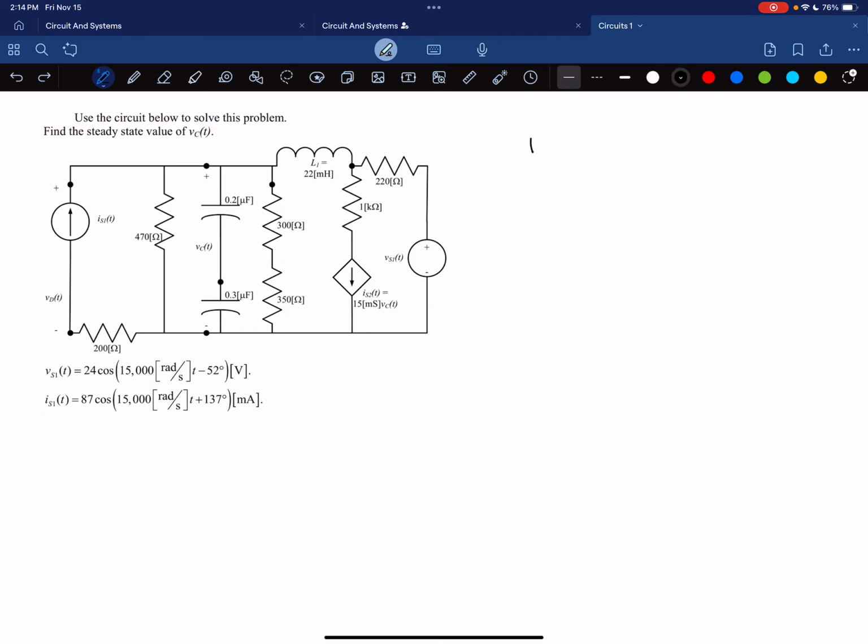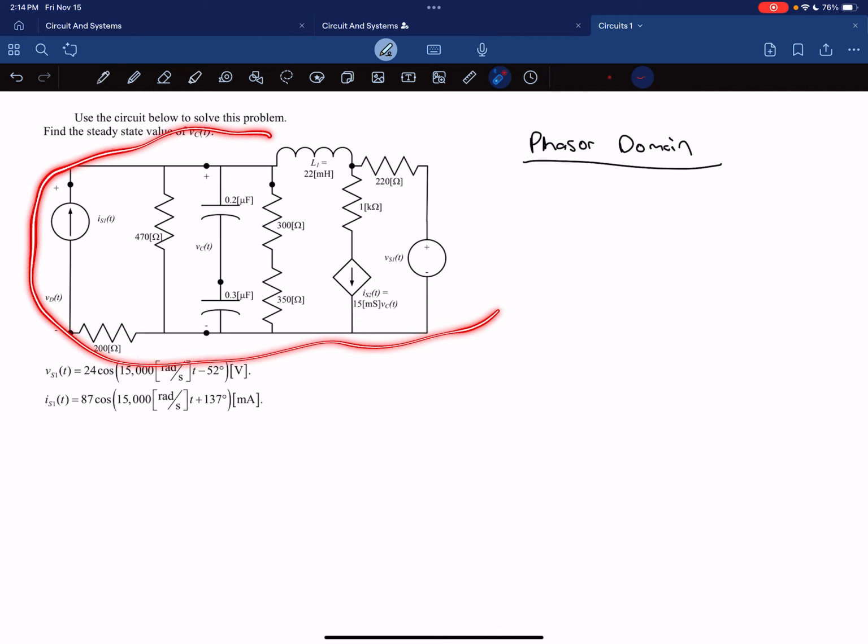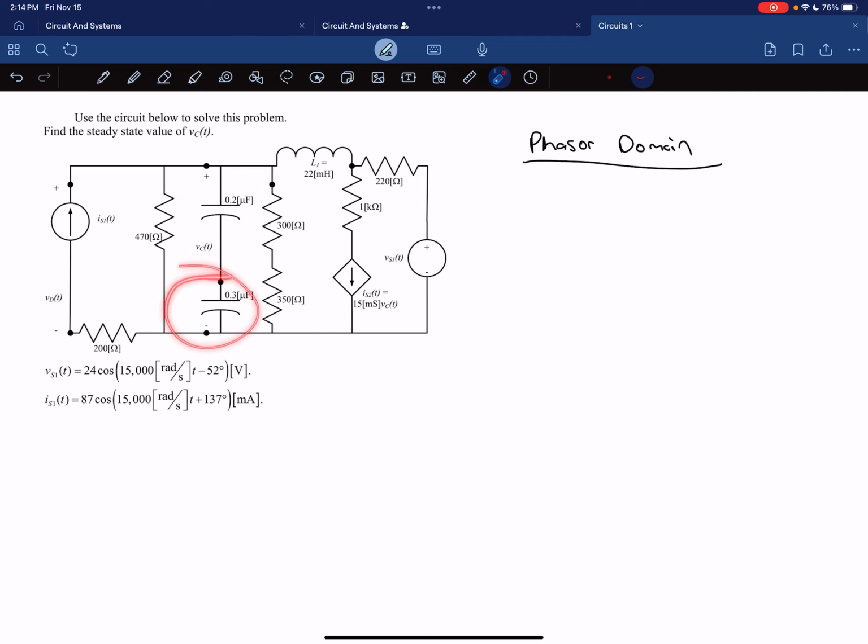That is called phasor domain. To convert this circuit to phasor domain, we need to convert this capacitor and this inductor.